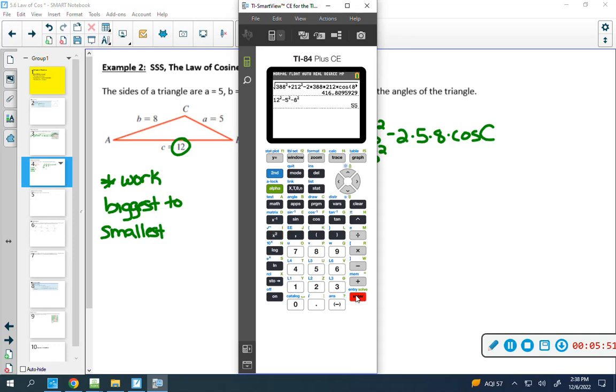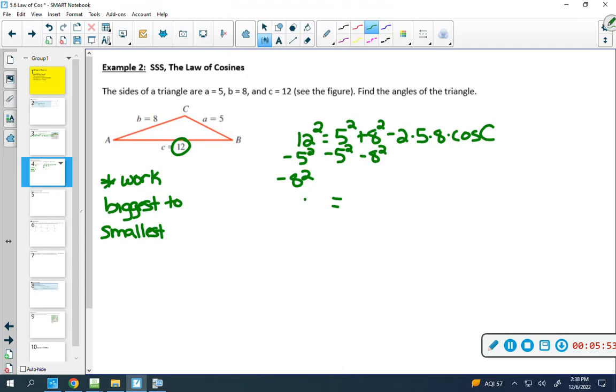So I've got 55 over there. And then I'm going to do this part. I still have this. I can do some of this in my head. What's 2 times 5? 2 times 5, 10. 10 times 8, 80. Okay, to solve for cos of C, I'm going to divide off negative 80.